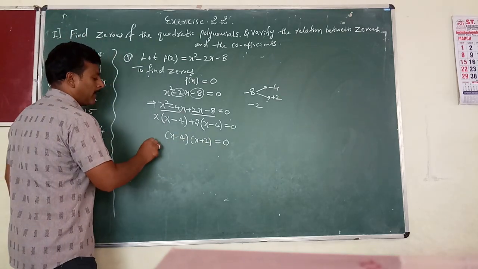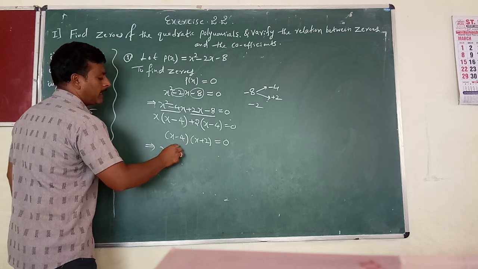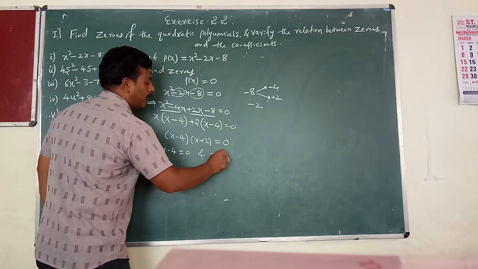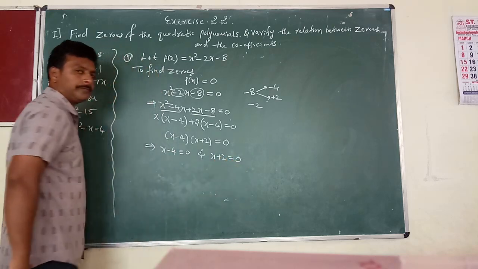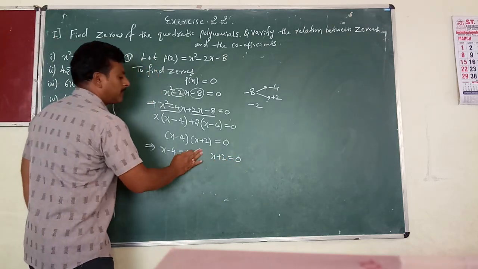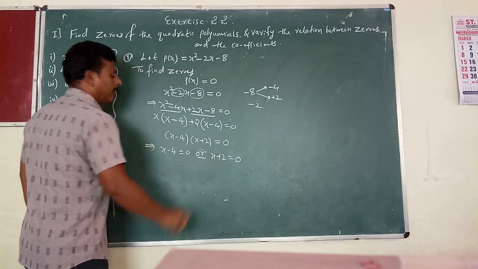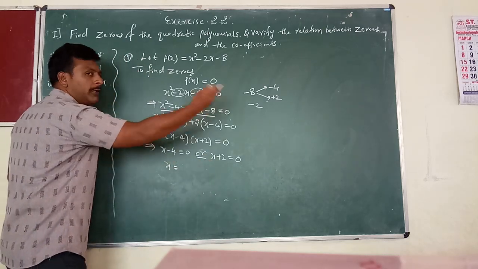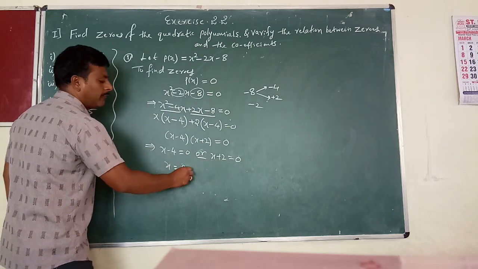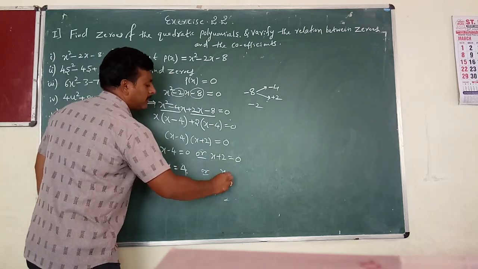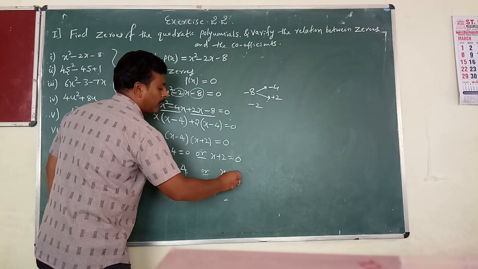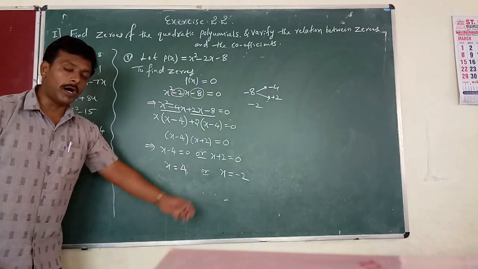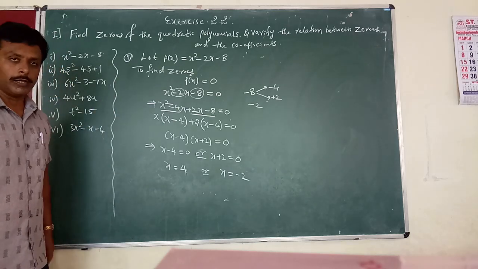So x minus 4 is equal to 0 or x plus 2 is equal to 0. Now we want x equal to: as minus 4 goes to that side, it becomes plus 4, or x plus 2 goes to that side, it becomes minus 2. Whatever we got, these two are the zeros of the given polynomial.